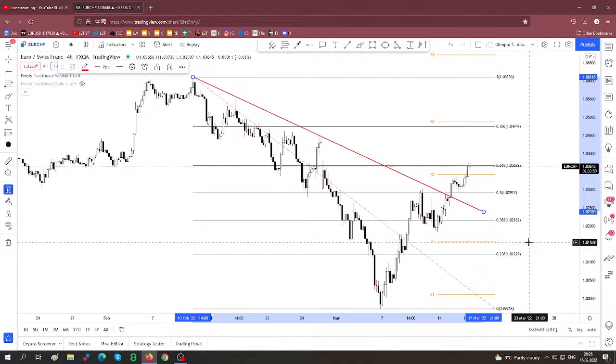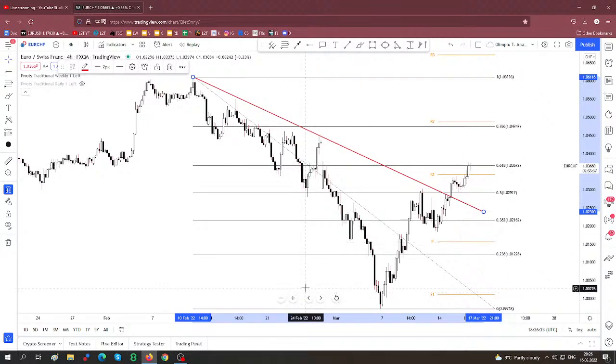Actually, the setup is a high probability setup, technically, also fundamentally. So I'll wait, guys. Don't forget that most likely we'll have sharp movements, high volatility around the FOMC press conference.